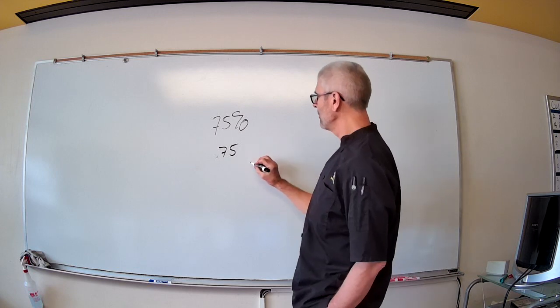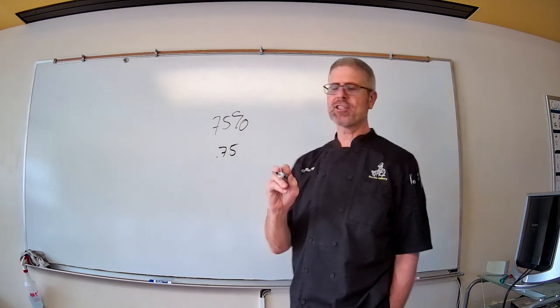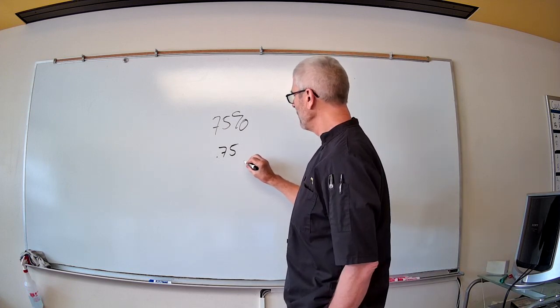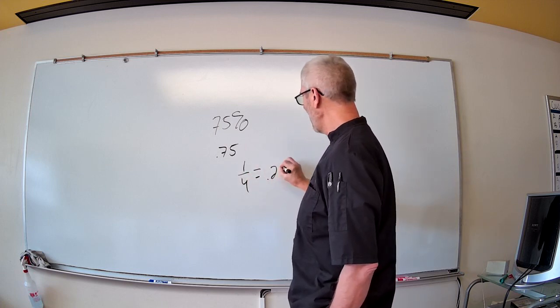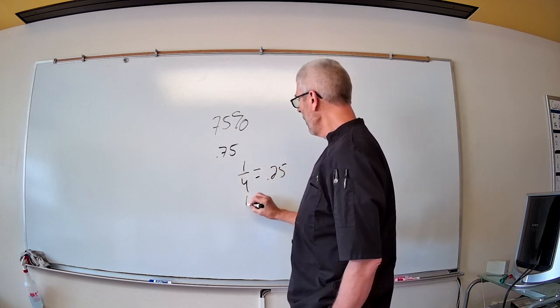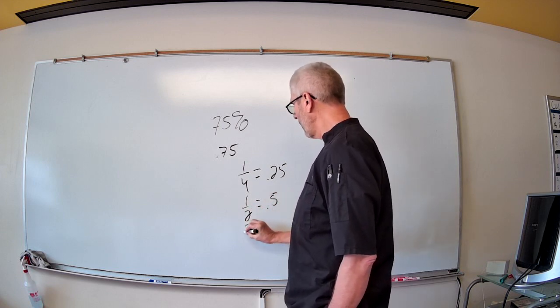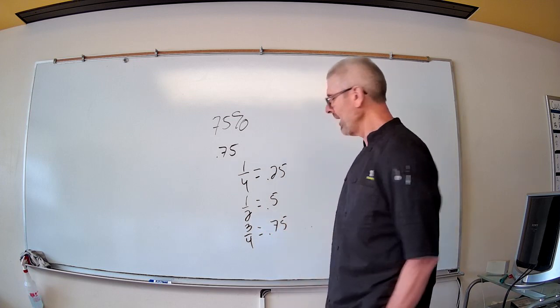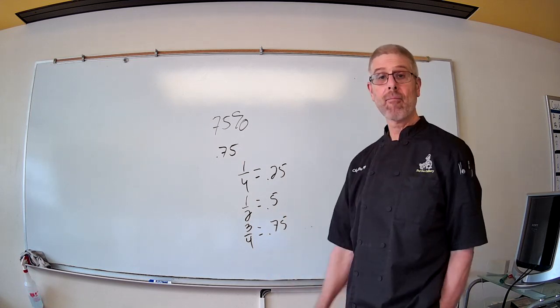Now, also what you need to know how to do is convert a fraction to a decimal. That's really, really simple. A lot of people know that 1/4 equals 0.25 and 1/2 equals 0.5 and 3/4 equals 0.75. Everybody pretty much knows that. If you don't, you should know that.